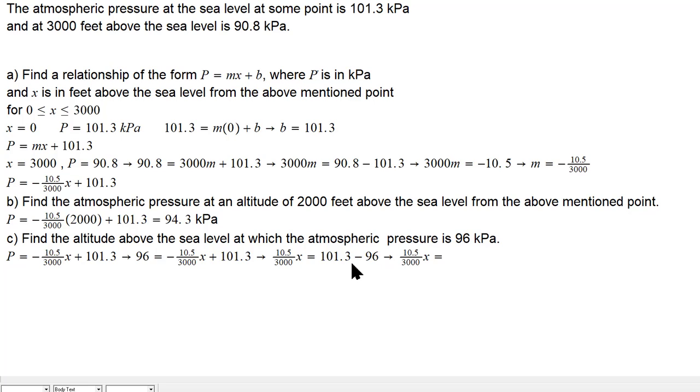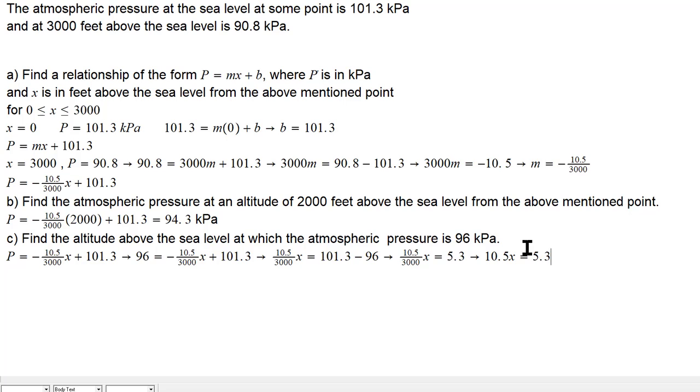So 101.3 minus 96 would be how much? 5.3, am I right?